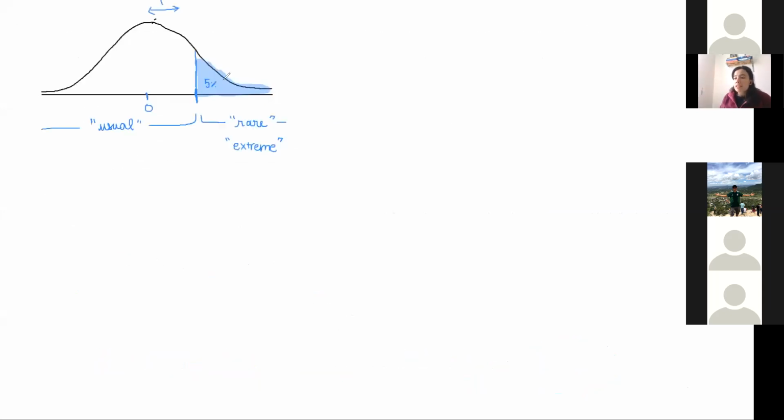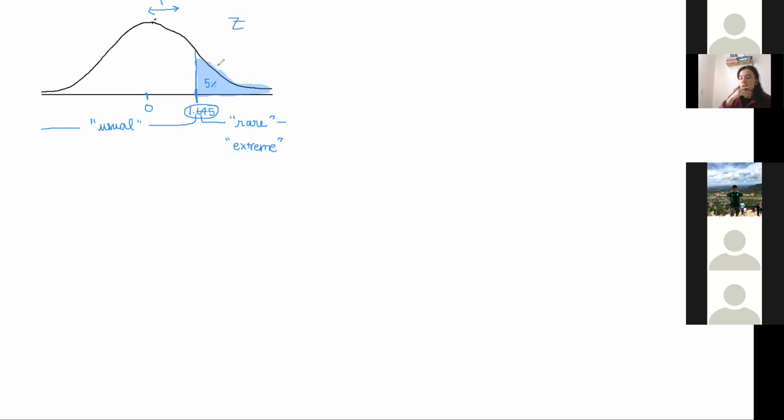Okay. And because of this, I know the value that is going to separate the top 5% from the bottom 95%, if I were to look at my Z table, don't rush it. We are going to do examples for this. It's just the explanation for why this works. The boundary that separates the top 5% from the bottom 95% would be 1.645.